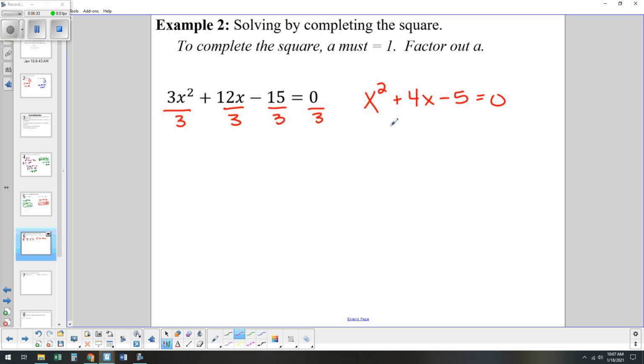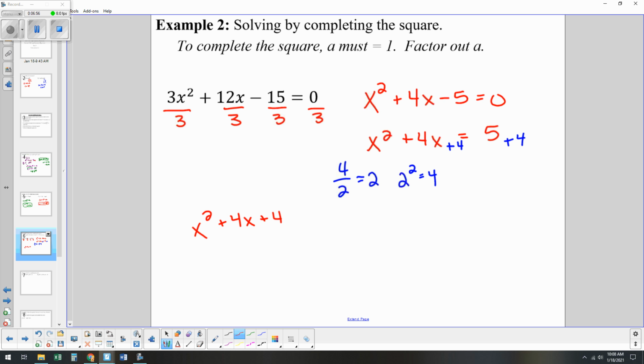So again, I'm going to move that over. Okay. Right, then we take half of 4 is 2. 2 squared is 4. So each side is going to get plus 4 to it. So now we have x squared plus 4x plus 4 equals 9.